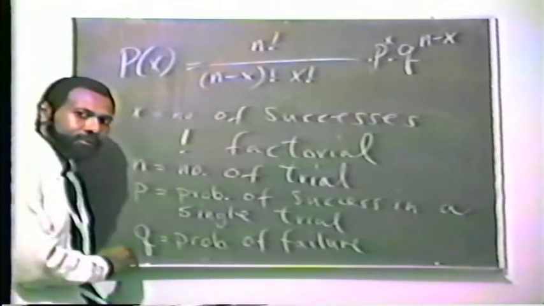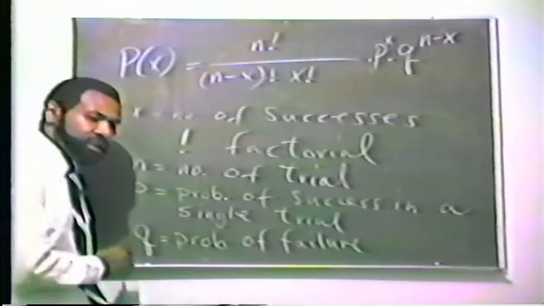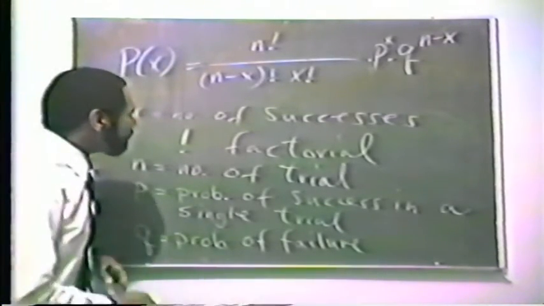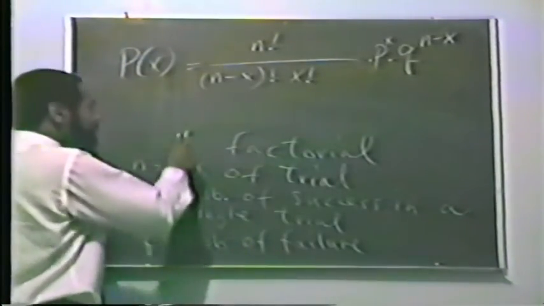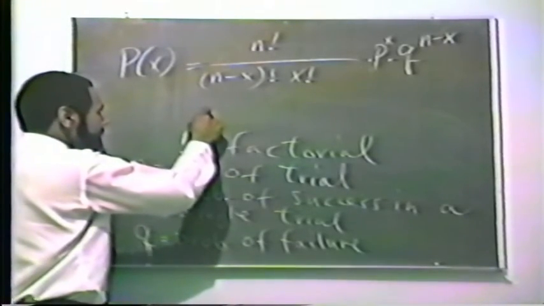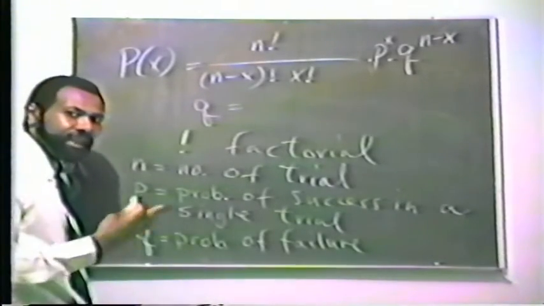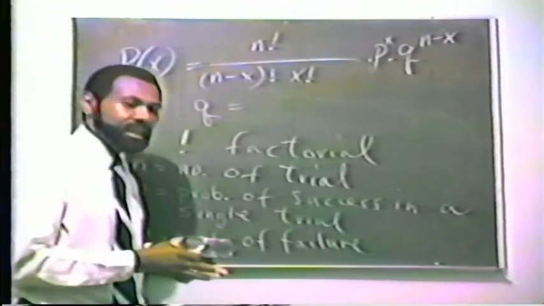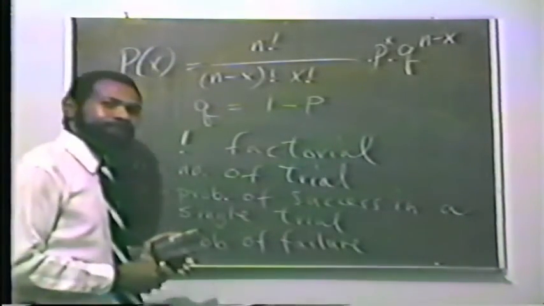Q represents the probability of failure in a single trial. So that means that P and Q are complementary probabilities. From what we learned about probabilities, if we know the probability of success, we can get the probability of failure, since it's the complementary probability, by subtracting the probability of success from 1.